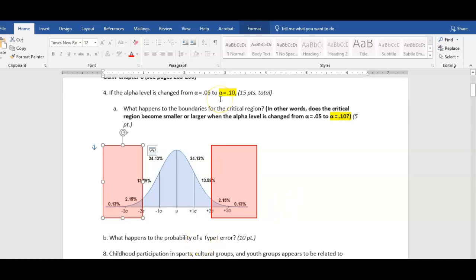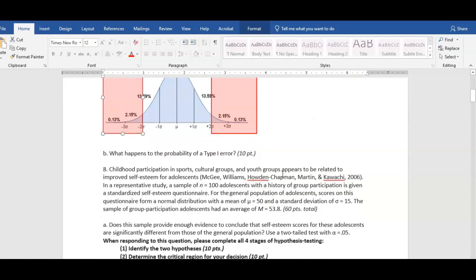So if I increase alpha from a 5% risk to a 10% risk, then the probability of my type 1 error is going to increase. If I become more stringent, then my probability would decrease. Okay, so that is a walk through problem 4.